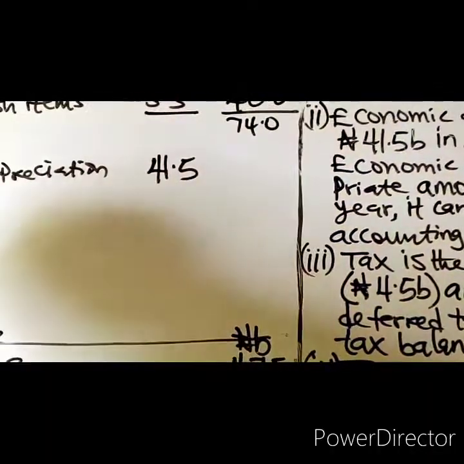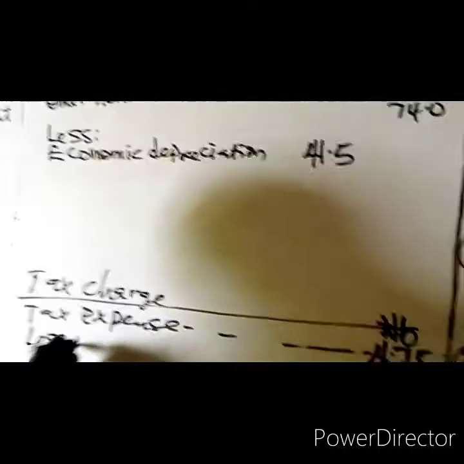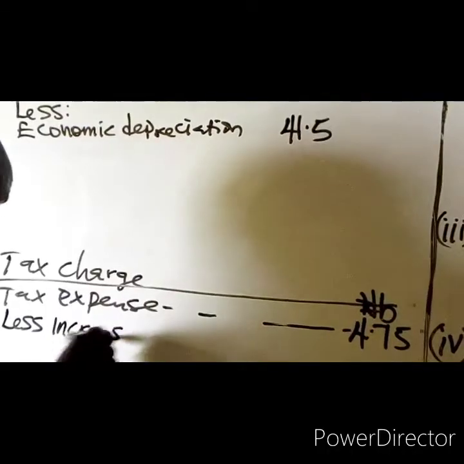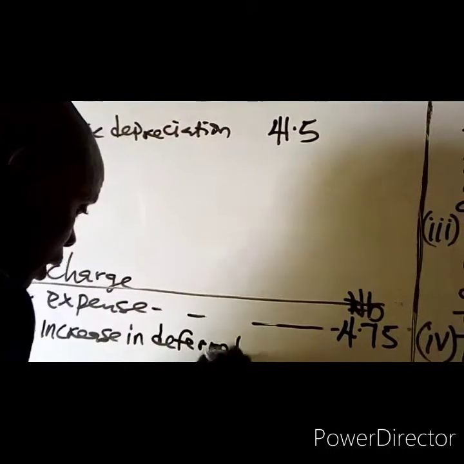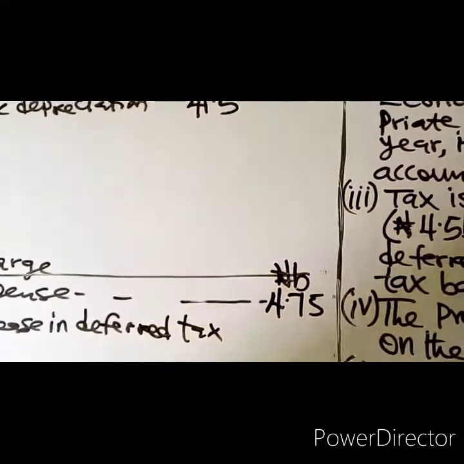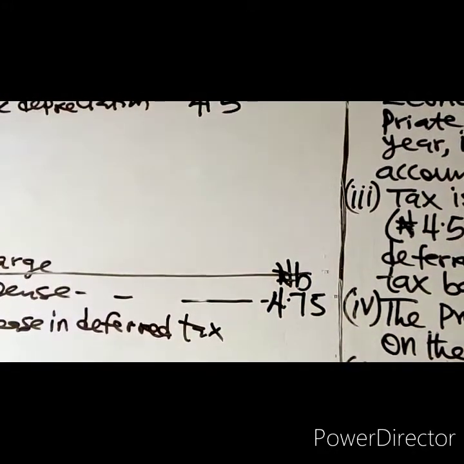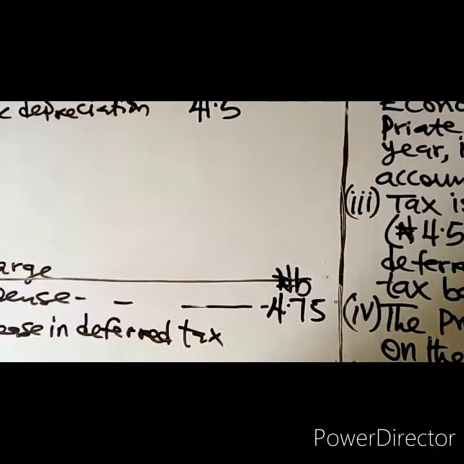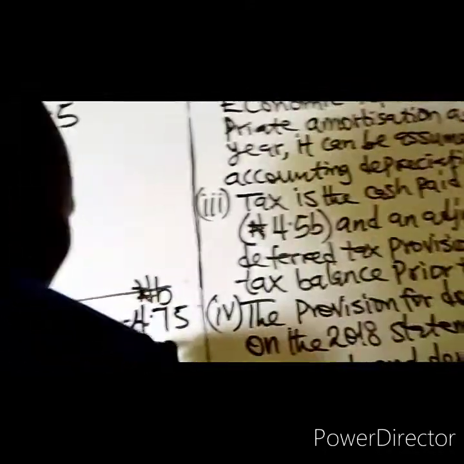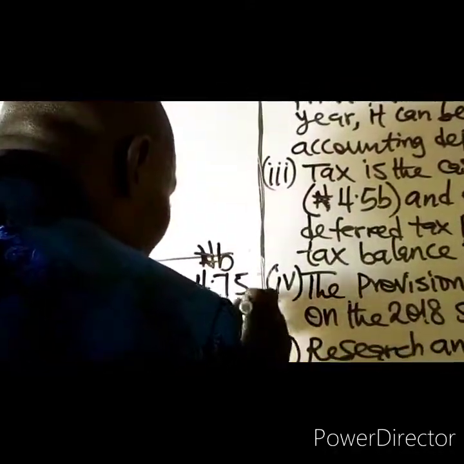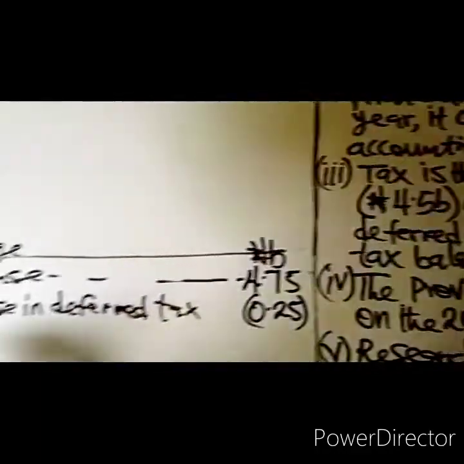You deduct, less increase in deferred tax. I've told you that the increase in deferred tax, which has been added in the computation of tax to be expensed, you are going to deduct it, and which is 0.25. You less that.